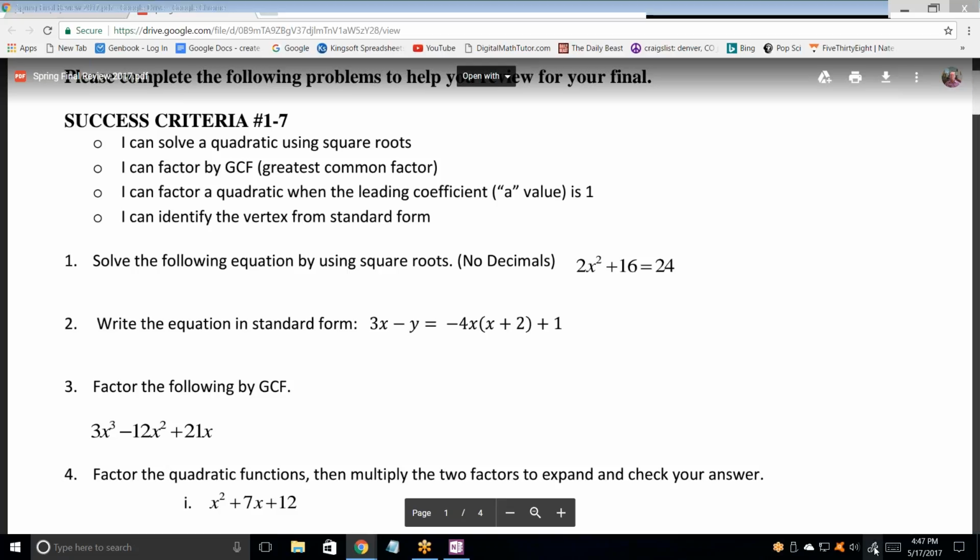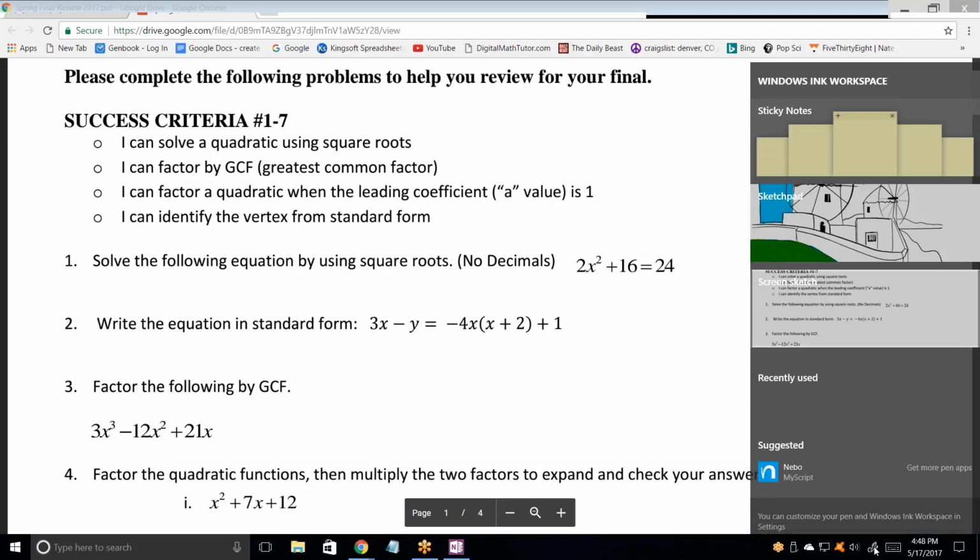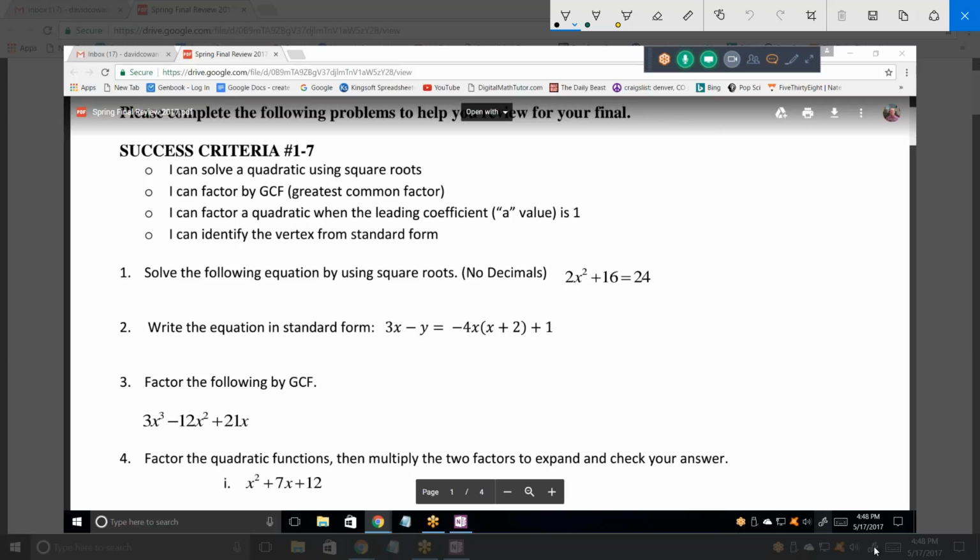Let's look at an example of the first one. What would be your first step here? Add 40 each side. Now what's your next step? Square root of them.